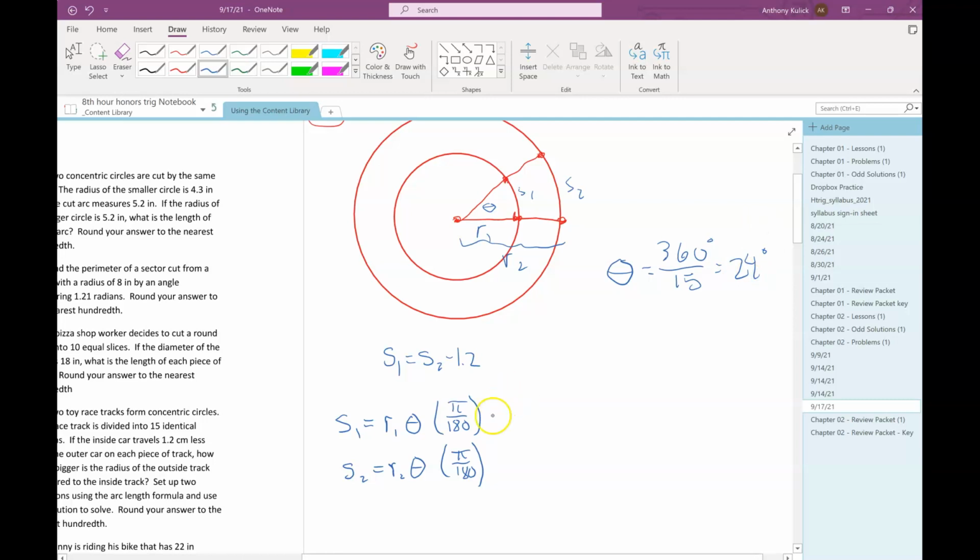Just 360 divided by 15. So I'm going to plop that in there. I'm just going to write that as a fraction, 24 pi over 180, rather than two separate pieces, because it is a little bit neater that way. And I know I could reduce that, but this is not my final answer, so I'm just going to throw it in there and take care of it later on the calculator.